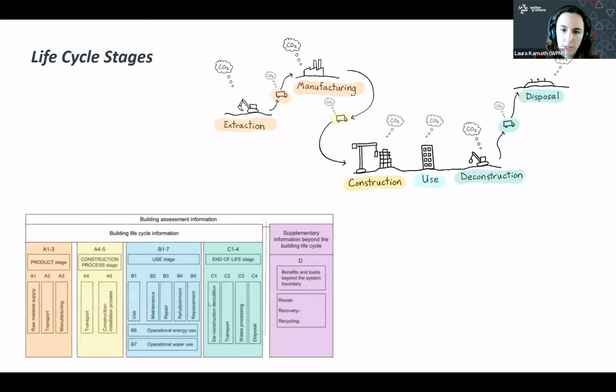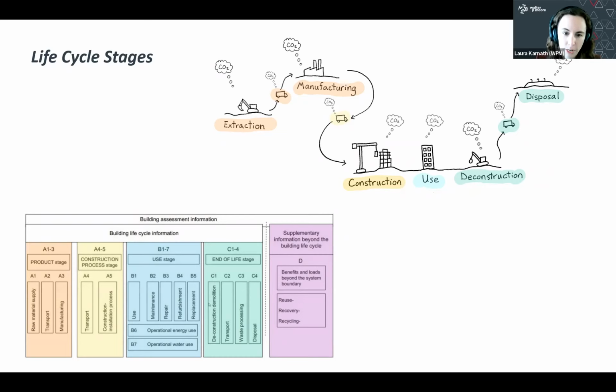So what does LCA do? Well, this diagram that I showed you at the beginning about the life cycle of building products is actually formalized into life cycle stages that are evaluated when we do LCA. Starting with extraction and manufacturing, that's the product stage, followed by transportation to the construction site and the actual construction process.